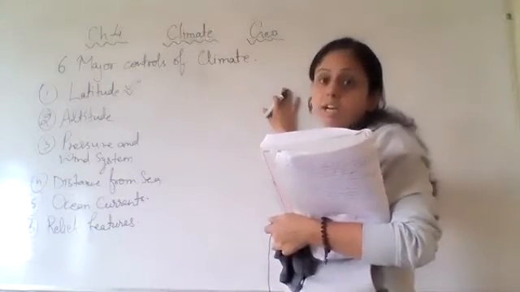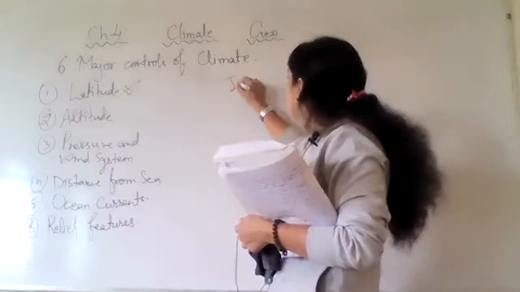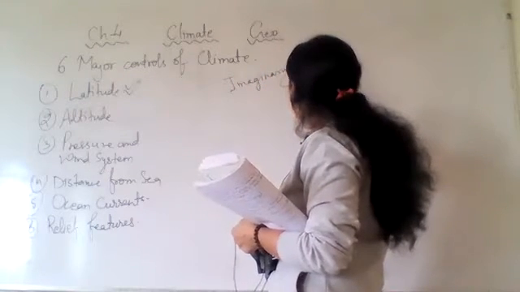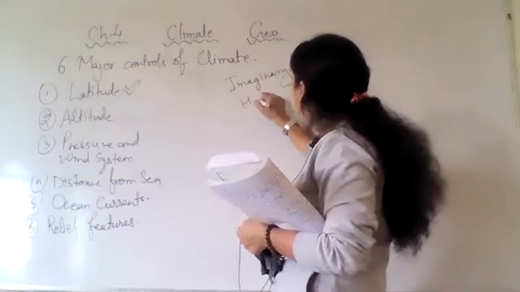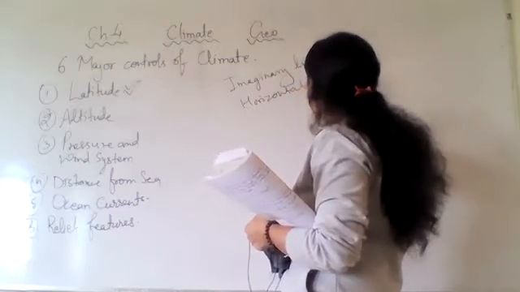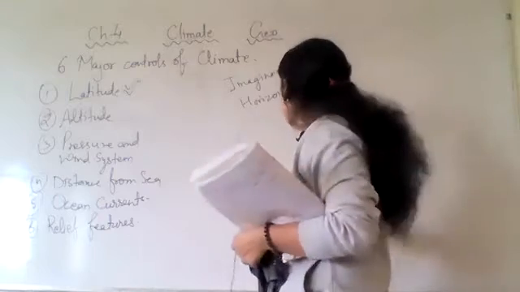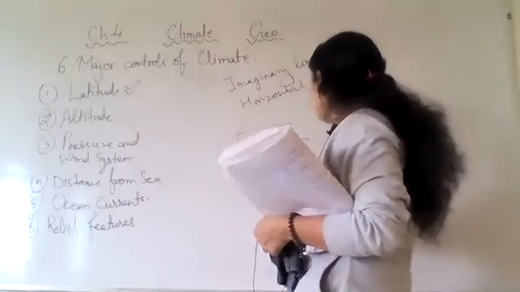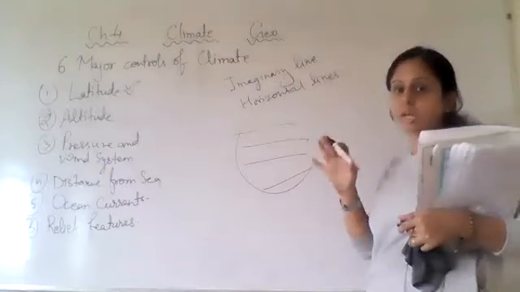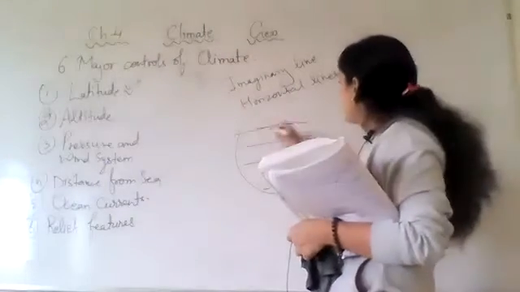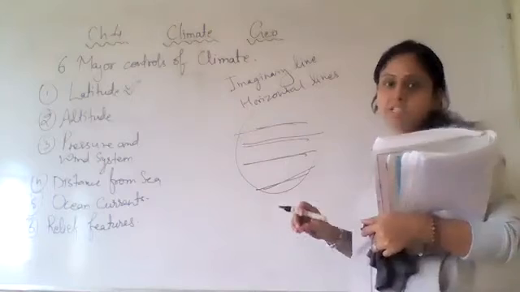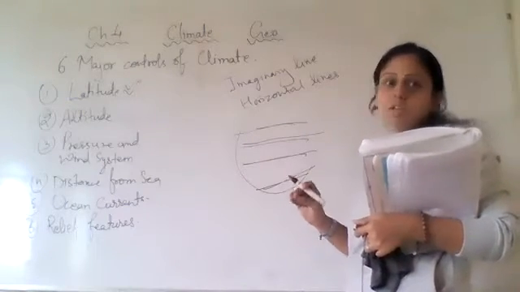So latitudes are imaginary lines, they are horizontal lines on the earth. Horizontal means like this; vertical is like this. Vertical lines are basically longitude. Here we are only discussing latitude because latitude affects the climate.